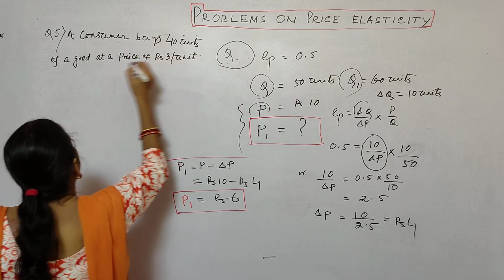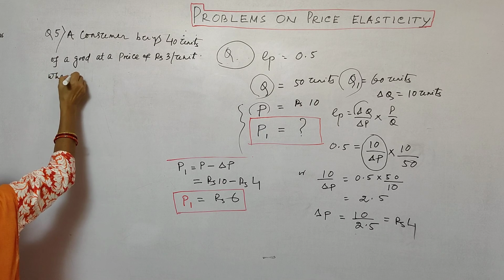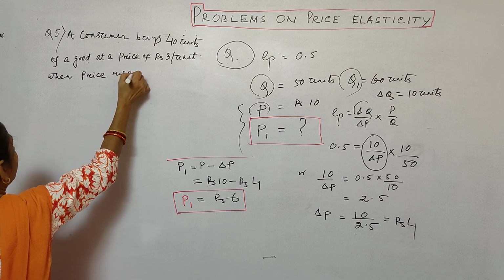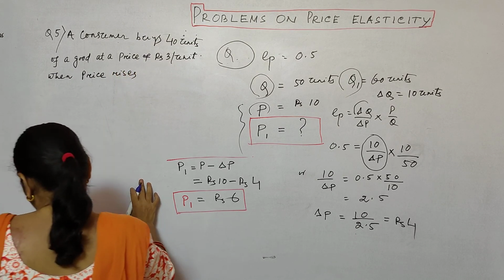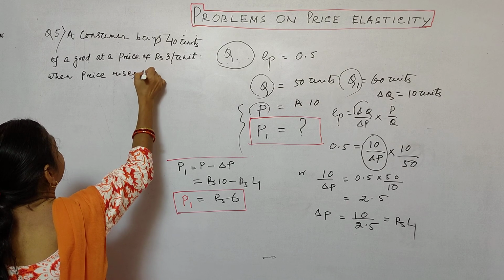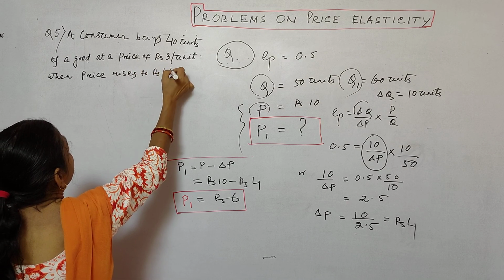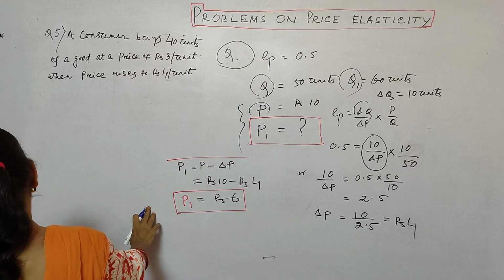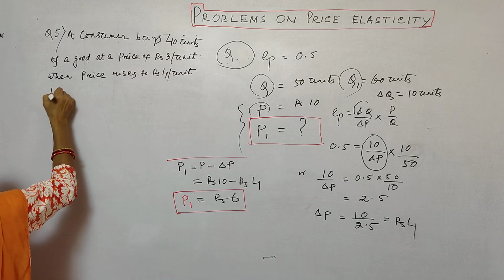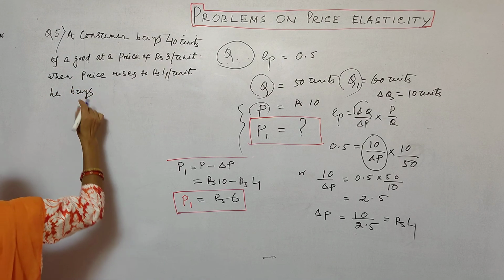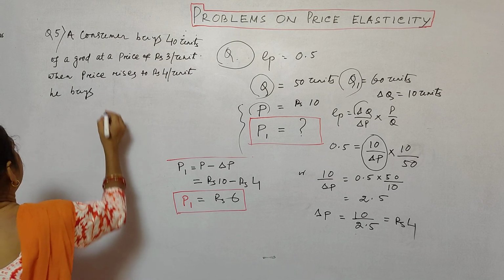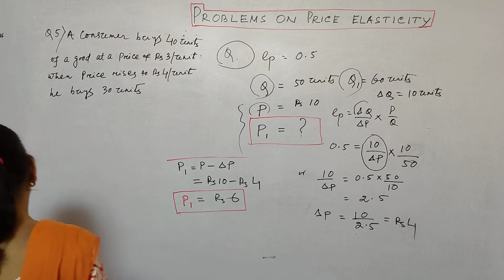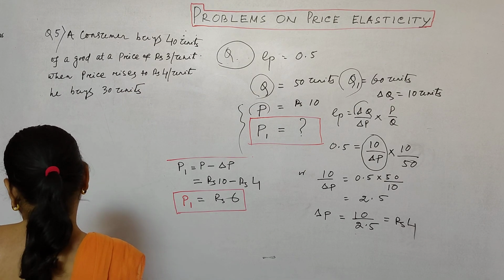When price rises to rupees 4 per unit, he buys 30 units.